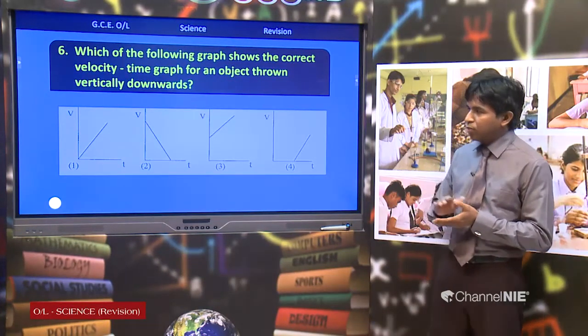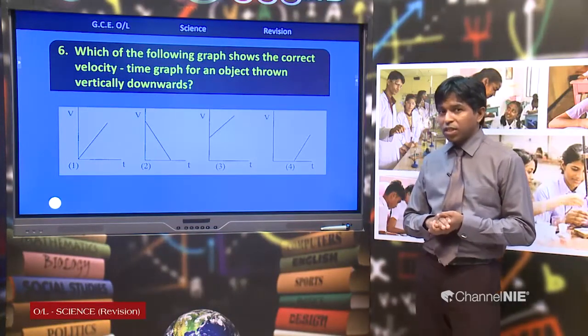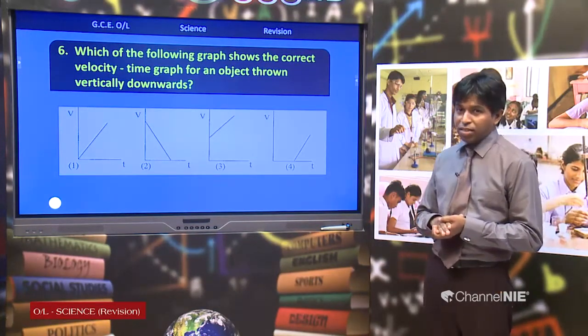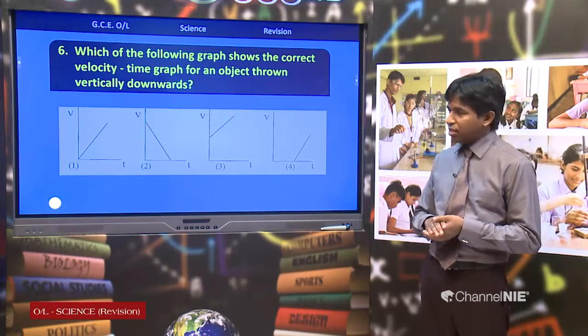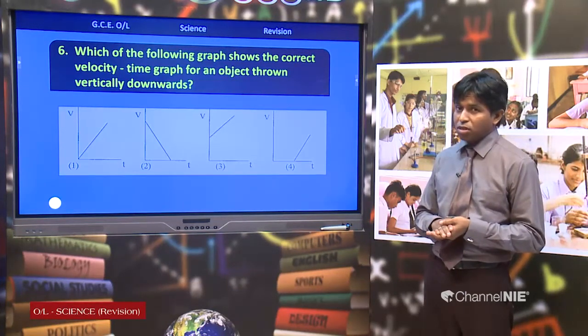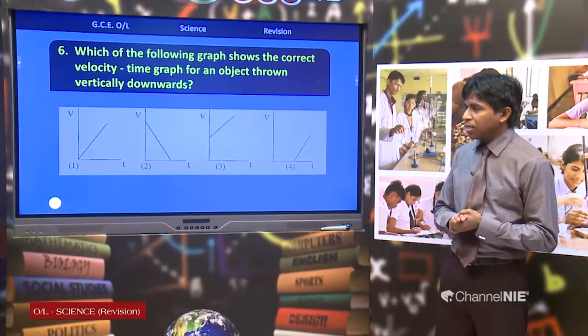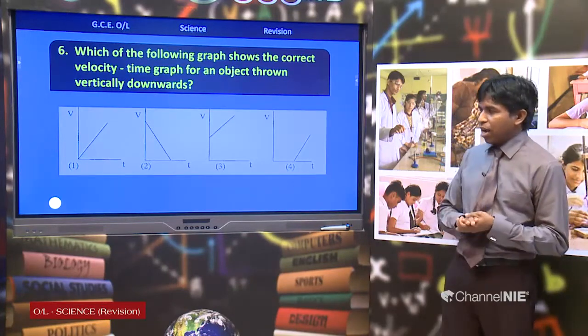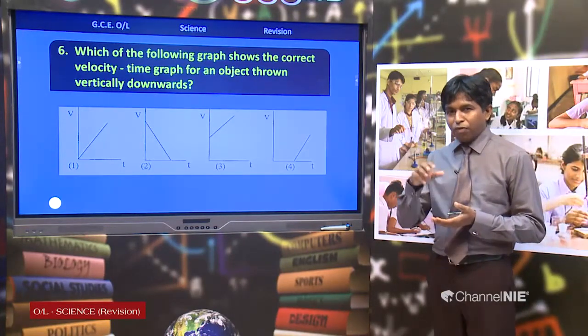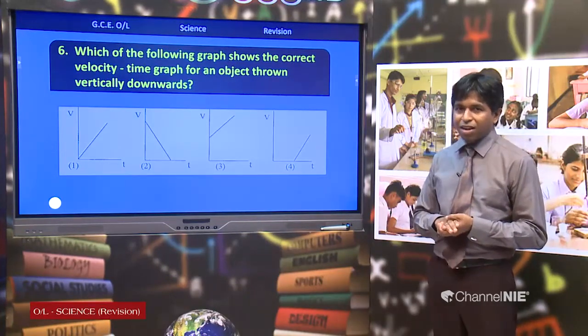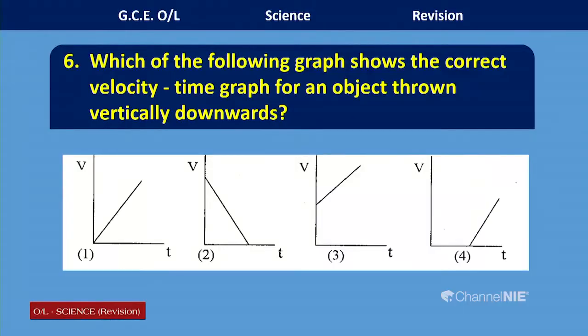Most of the students will tend to underline the first answer, because velocity increases due to gravitational acceleration, and gravitational acceleration is constant. But here the answer is not the first one. You can write below the first graph: if an object is released from rest under gravity, we call it free fall, then the answer is the first one. But here the first one is not the correct answer.